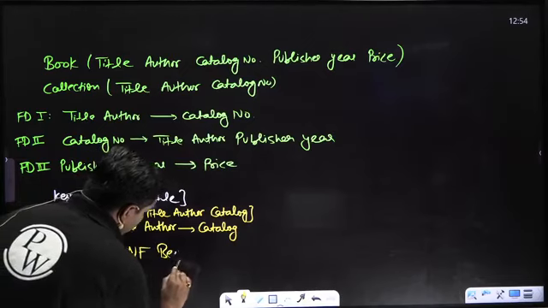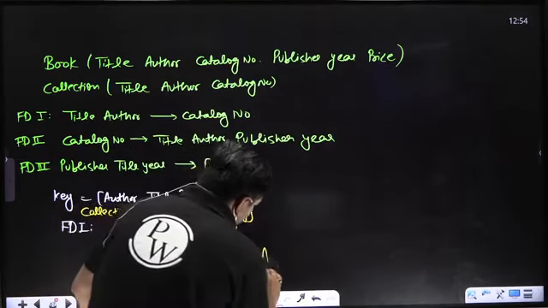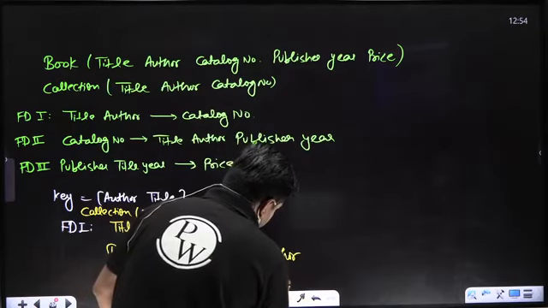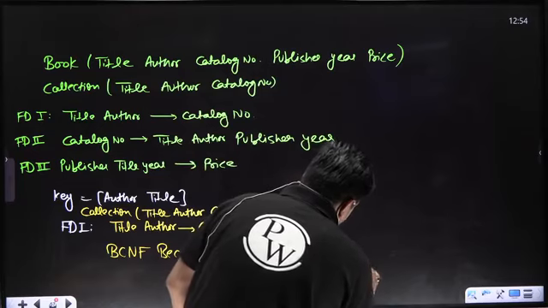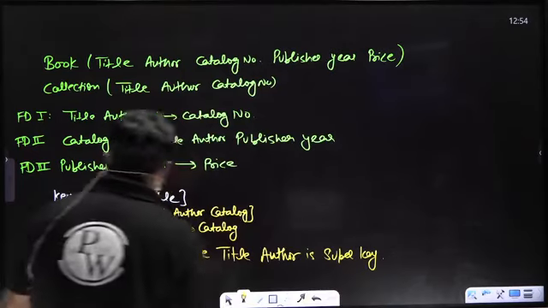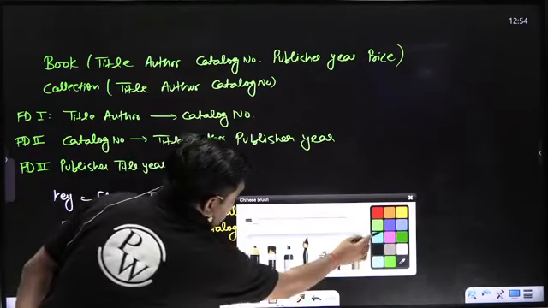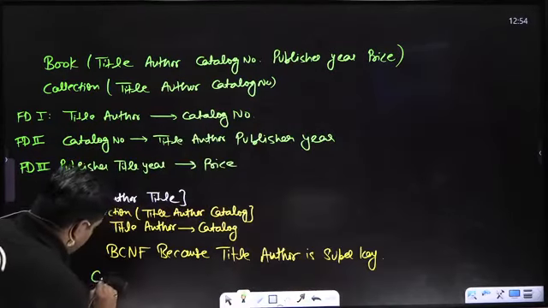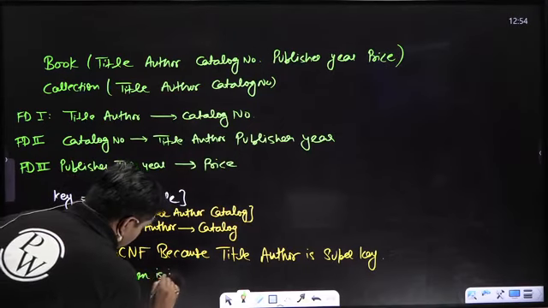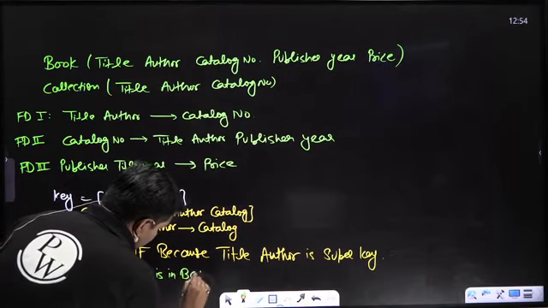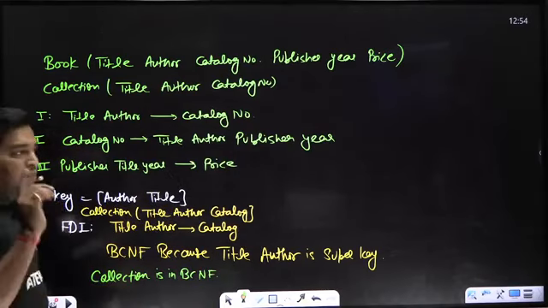Because here title, author is a super key. So we can conclude that collection is in BCNF.